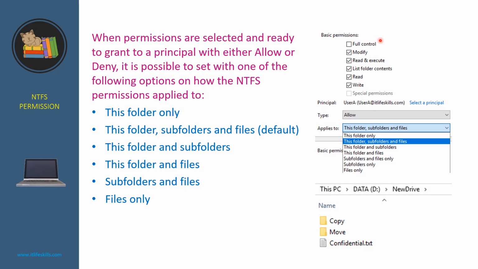When permissions are selected and ready to grant to a principal with either allow or deny, it is possible to set one of the following options on how the NTFS permissions apply: this folder only, this folder, subfolders, and files, which is the default option, this folder and subfolders, this folder and files, subfolders and files, files only.